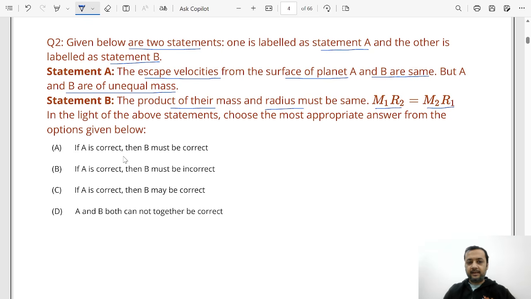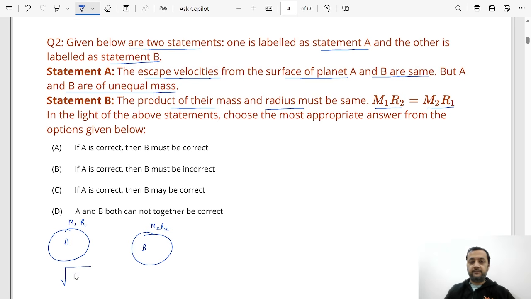Now look, if A is correct, then B must be correct. Now let's say what is statement A saying, that suppose there are two planets, okay, planet A and planet B. Okay, so planet A has a mass m1 and radius r1, and this is having the mass m2, radius r2. All right, now we know that escape velocity is root 2 GM by r.